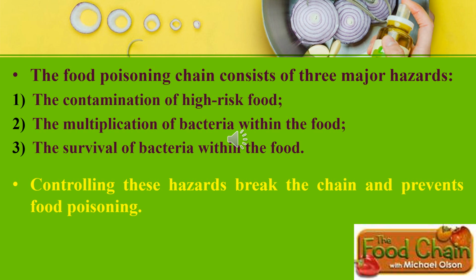One, the contamination of high-risk food. Two, the multiplication of bacteria within the food. Three, the survival of bacteria within the food. Controlling these hazards breaks the chain and prevents food poisoning.